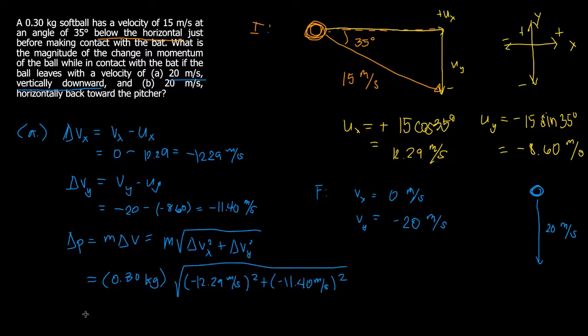So ang delta p natin for letter A, that is 5.03 kilograms meters per second. So that's for letter A. Letter A pa lang yan. Medyo mababa, di ba?